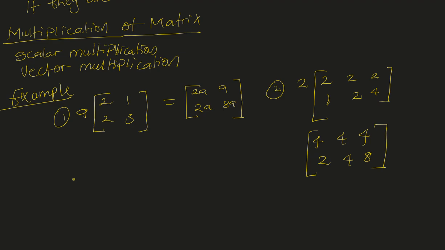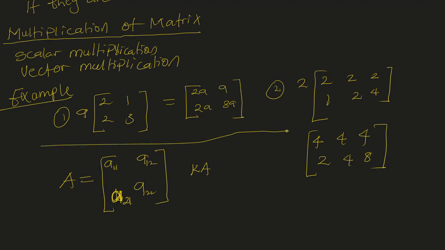In general, we can say that given that A is equal to A11, A12, A21 and A22, if I want to evaluate KA, what will KA be?